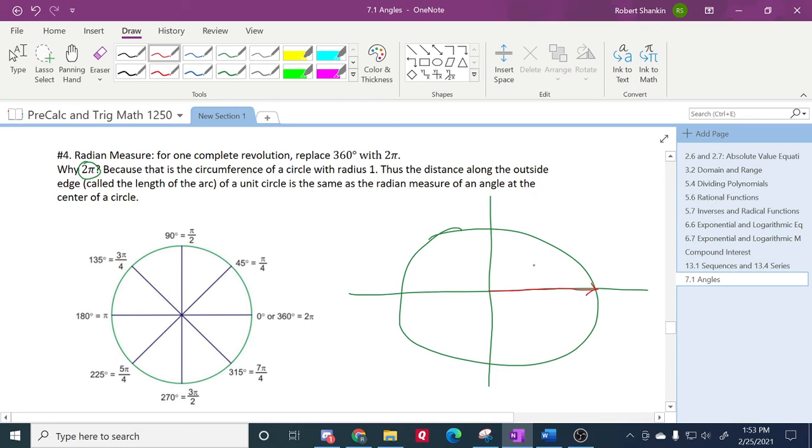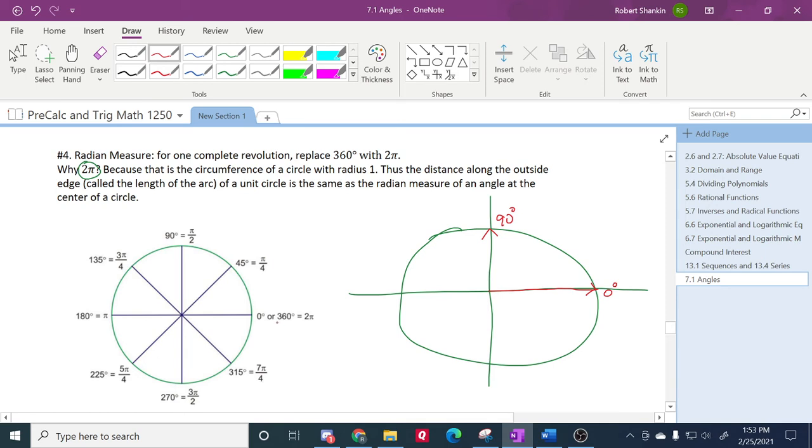If we rotate up to here, we'd call this 90 degrees. And 180 degrees, and so on. But all the way around would be 360.